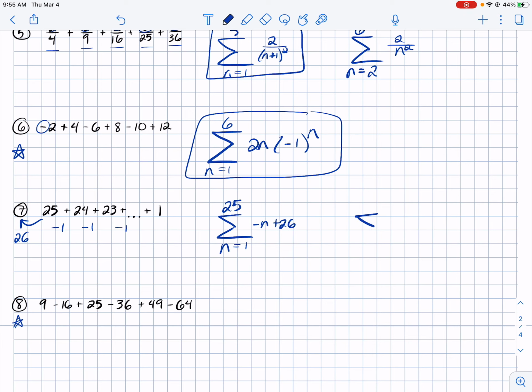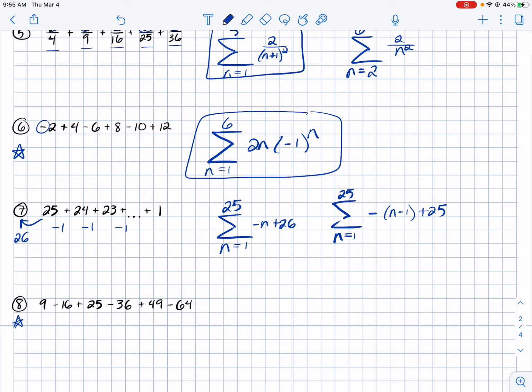If you wanted to use 25, then your rule would have been, let's make that look a little neater, up to 25. If you wanted to use the 25, you would need your -(n minus 1) plus 25.